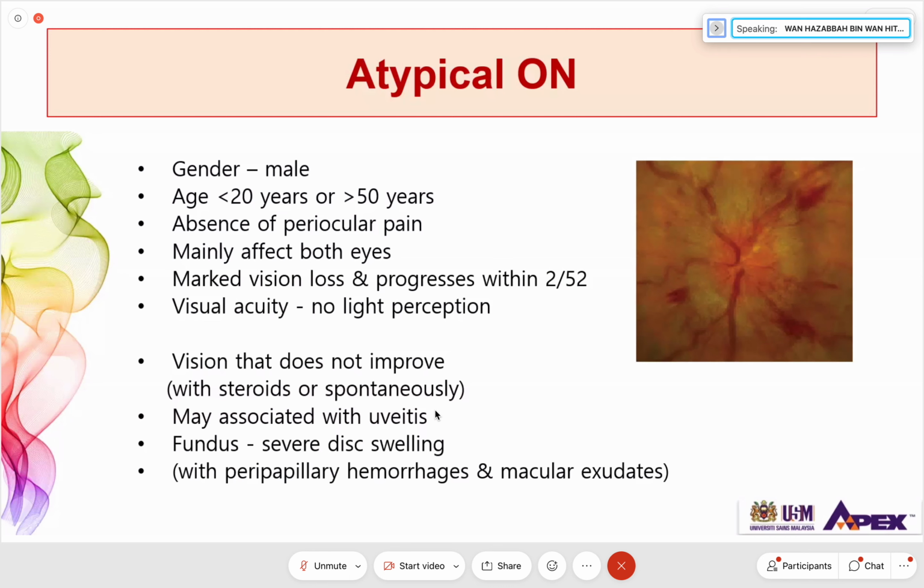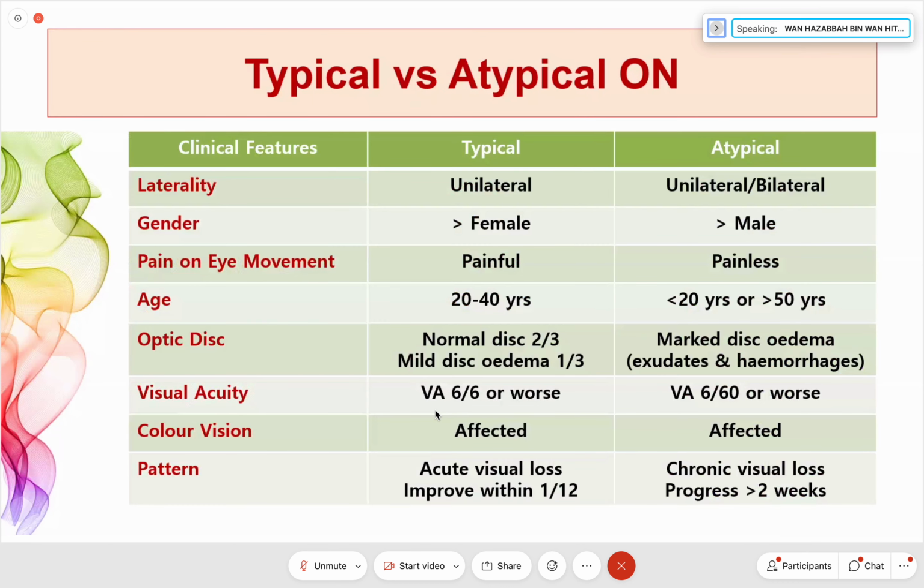If we look at the fundus, of course, most of the cases show a markedly swollen disc, a very typical appearance of swollen disc for optic neuritis. Okay. So here we can see the difference a little bit between these two, so that you can take some guide when a patient presents to you.